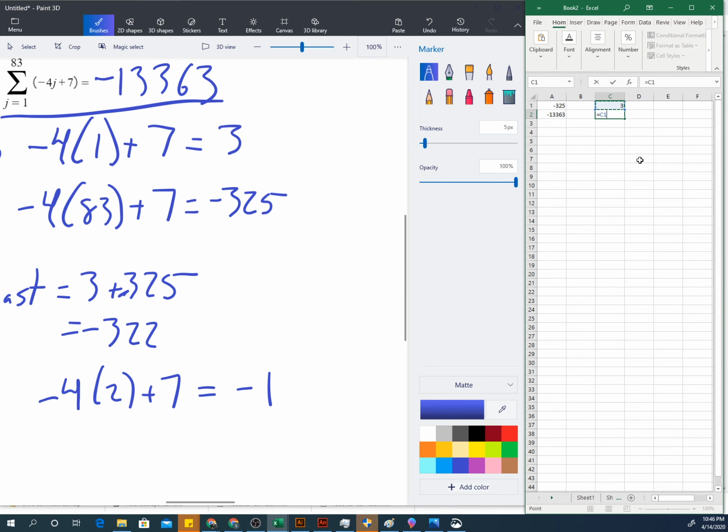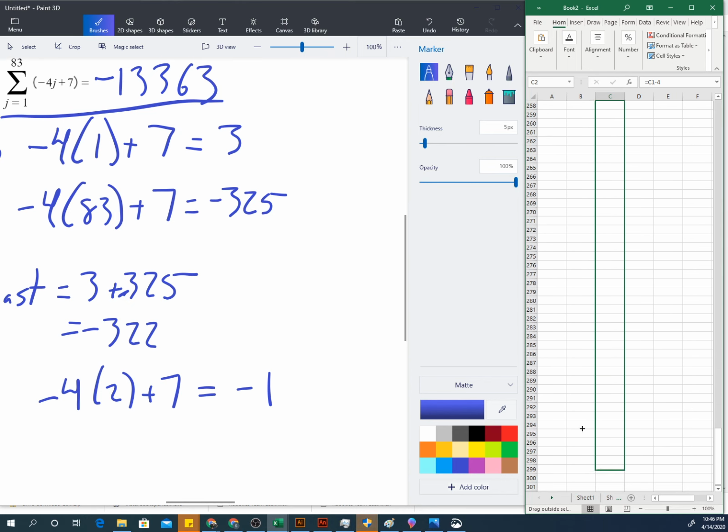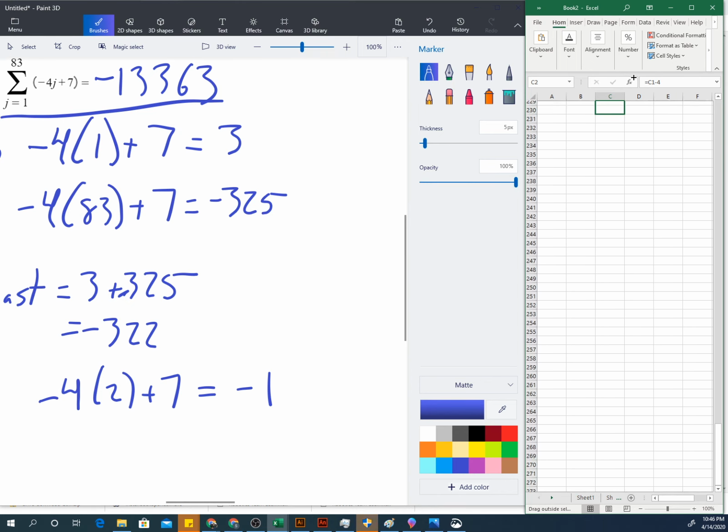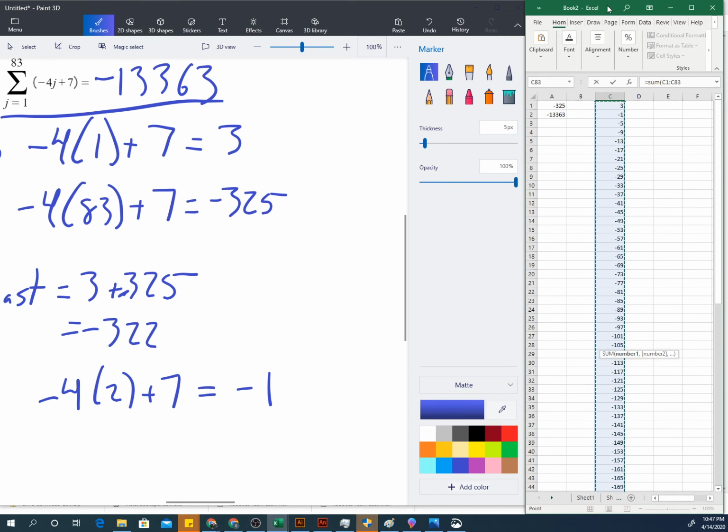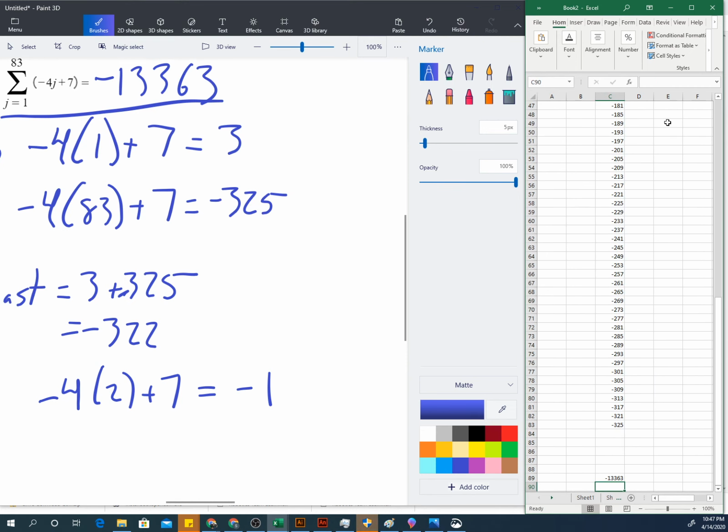So equals my first number minus 4. And I'm going to take this down to the 83rd row. Oops, went way too far. 83 right there. And if I hit equals sum and highlight all those numbers, check it out, we get the same number again.